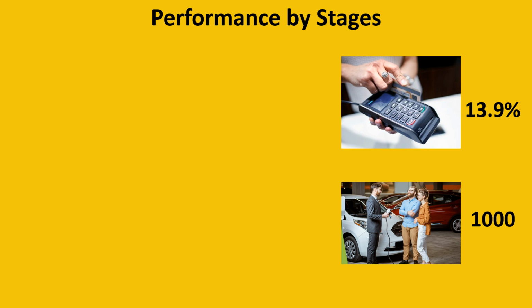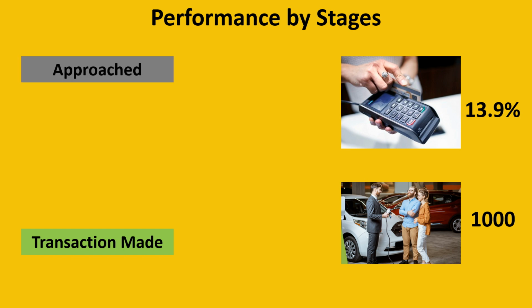So first of all, it becomes important for you to understand what are the stages between reaching out to the customer and a purchase taking place on the credit card. The stages could be something like this. The successful stage is a transaction made on the credit card, and the first stage is when the salesperson approaches the customer.